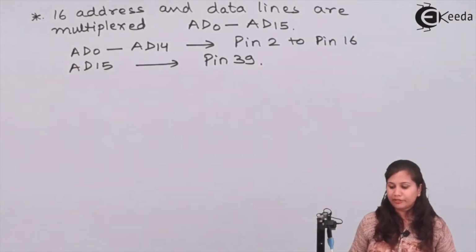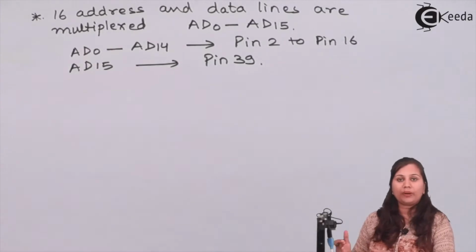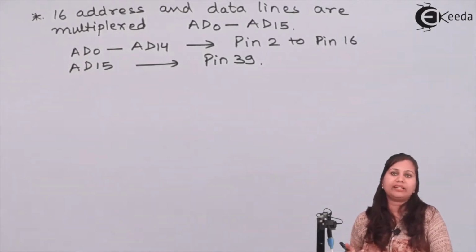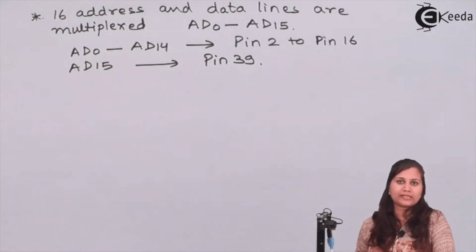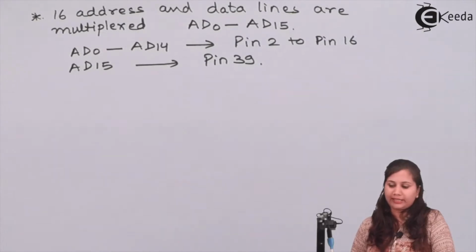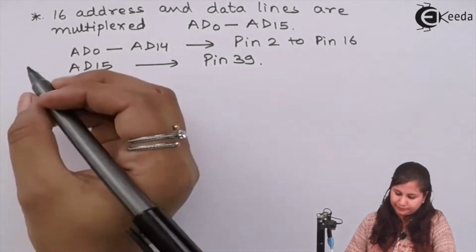Now, how to differentiate on these 16 address and data lines when address is available and when data is available? So, during the clock cycles of the microprocessor, during the first clock cycle, the address is available on these address lines, and after the first clock cycle, data will be available.